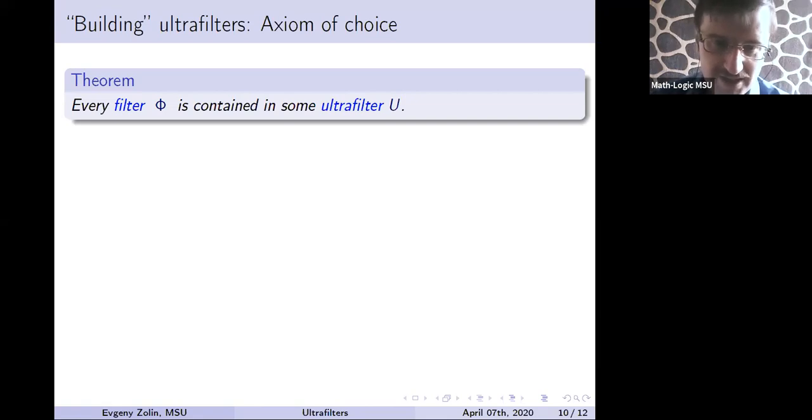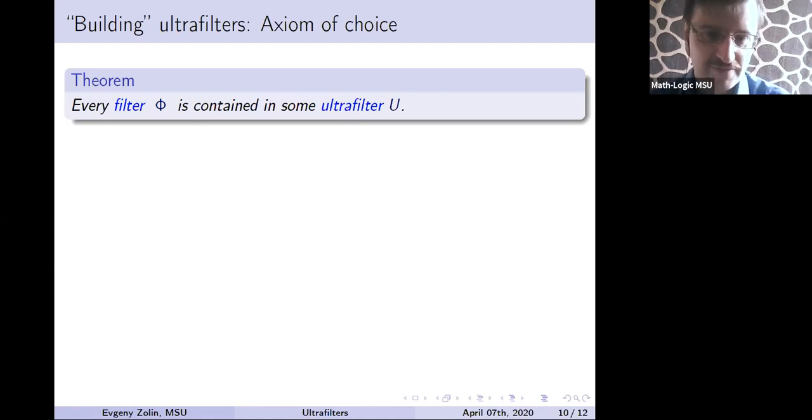But unlike the previous lemma, where we had a constructive proof, we had a formula for filter phi that contains psi, in this theorem, we don't have an explicit construction. This theorem is merely a pure existence theorem.